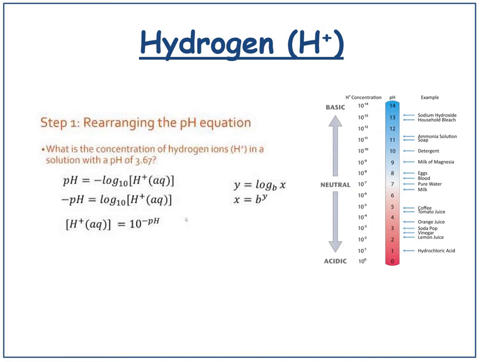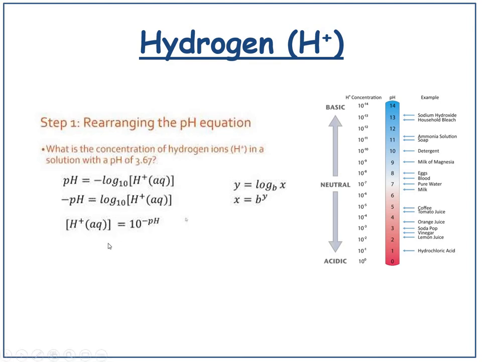You can actually find the pH or the hydrogen ion concentration using the equation. Rearranging the pH equation, what is the concentration of hydrogen ions in a solution with a pH of 3.67? The equation is pH equals minus log10 [H+].